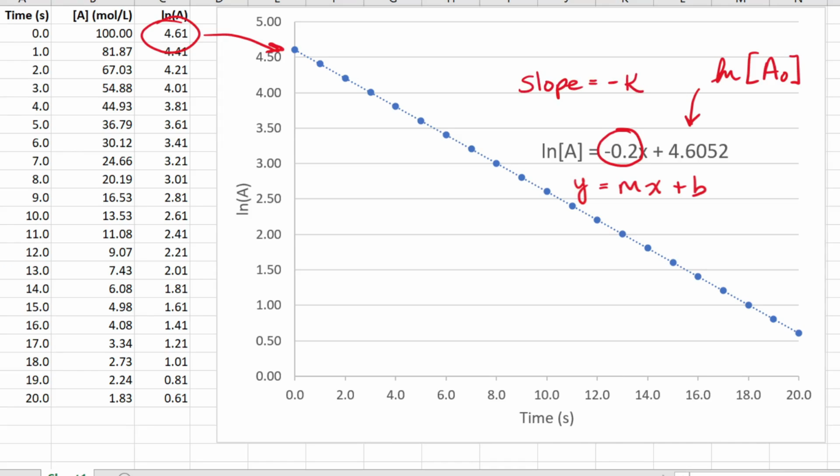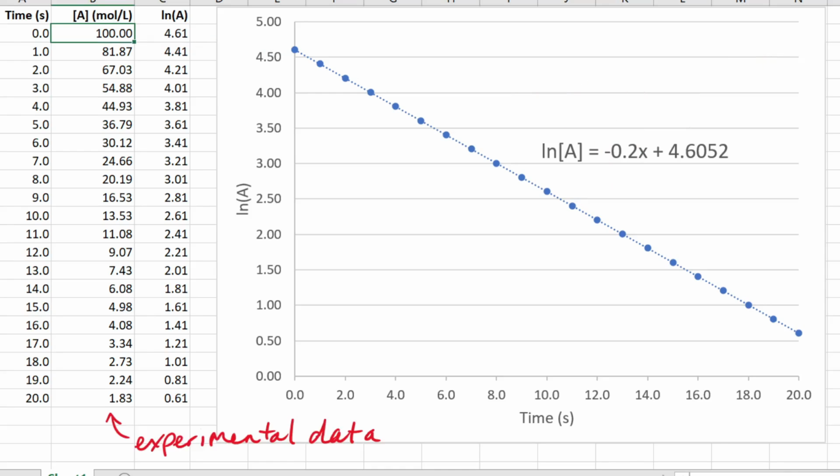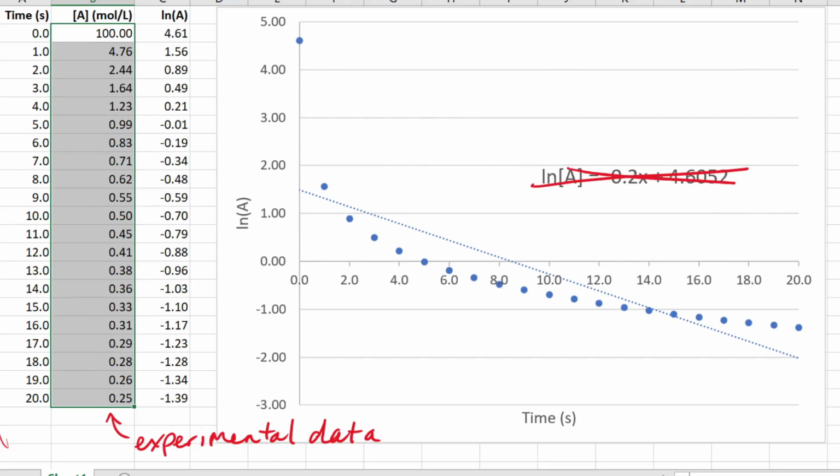This linearity is a theoretical result, but one that can tell us whether our experimental data are first order. If the experimental reaction is a first order reaction, then when we plot the data as ln of concentration per time, it will be linear. Other orders of reaction will not be linear in terms of ln A per time.